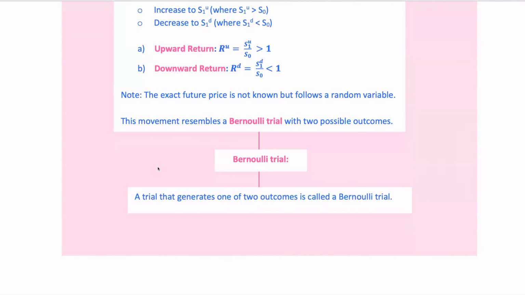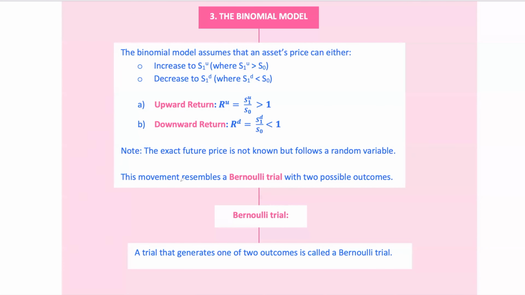All right, now, before we move forward, let's clear up the confusion between Bernoulli and binomial, because these terms sound similar, but aren't the same thing. A Bernoulli trial is just one event with two possible outcomes, like flipping a coin once or a stock price moving up or down in a single period.